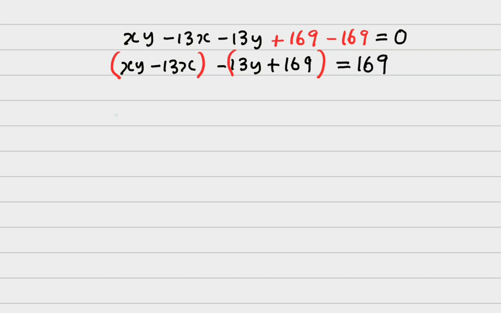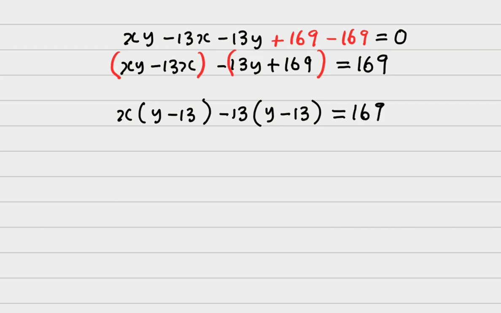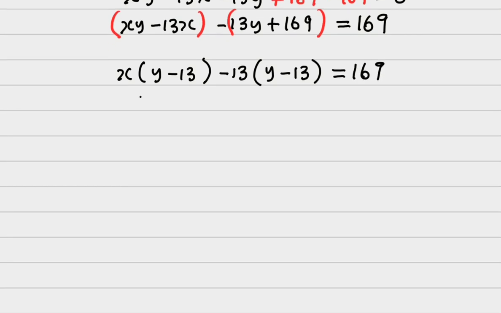Having this, x is common here, so I'm going to have x, y minus 13 in brackets. Then I have minus 13 common in the second bracket, so I'm going to have y minus 13. This is equal to 169. Then I'll factorize further, so that I'll have y minus 13 into x minus 13 is equal to 169.